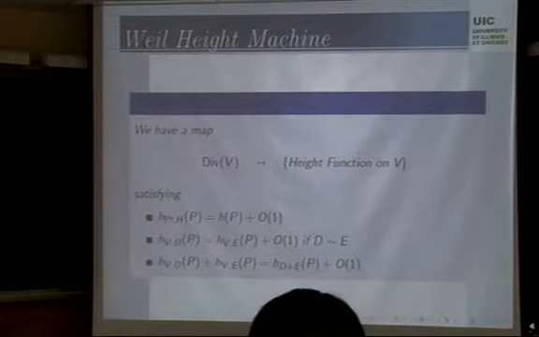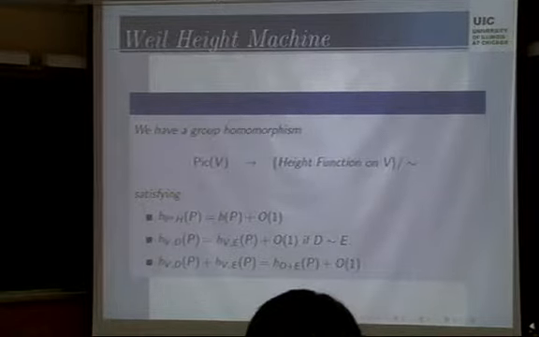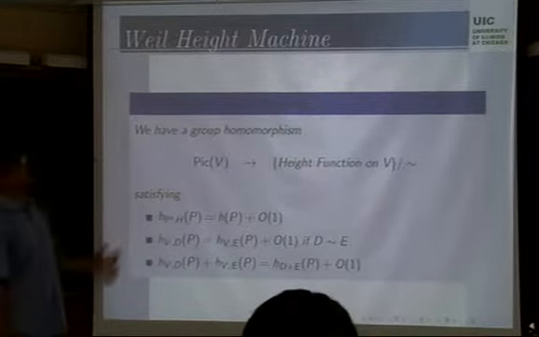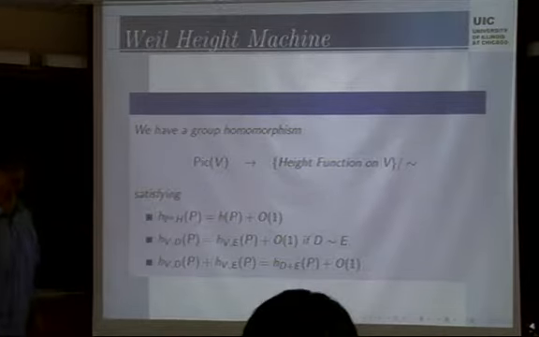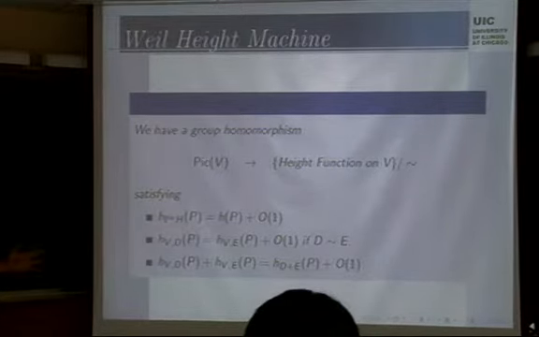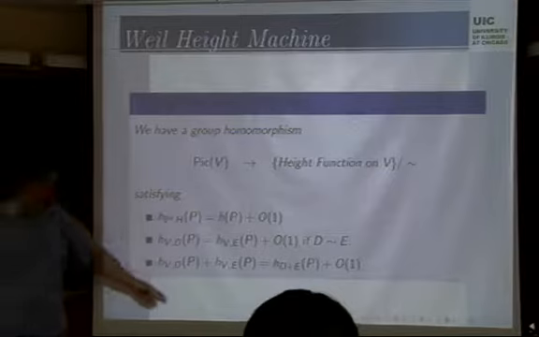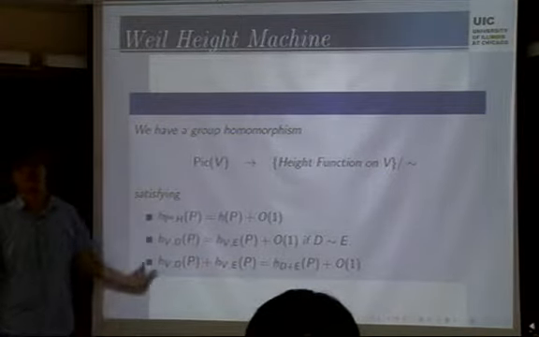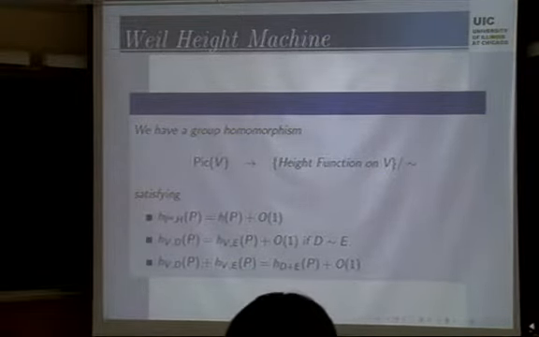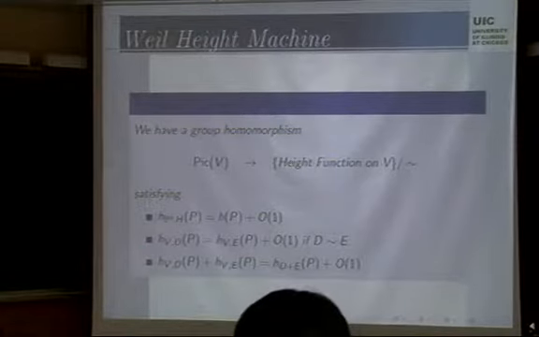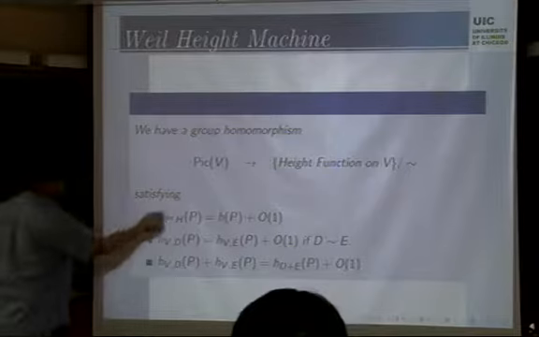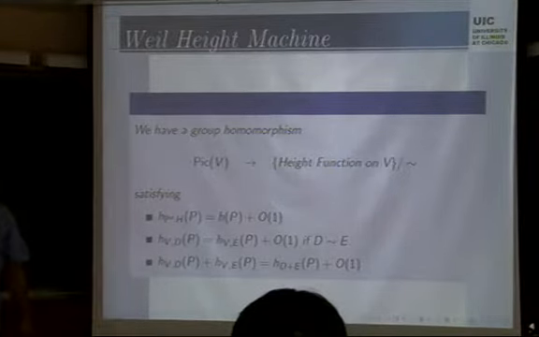So we might change it like this. We have a group homomorphism from the Picard group to equivalence classes of height functions. More clearly, if you have D plus E in the Picard group, they will generate the sum of two height functions corresponding to each divisor. So your height function says your height depends only on the corresponding divisors, actually the linear equivalence class of your divisors.